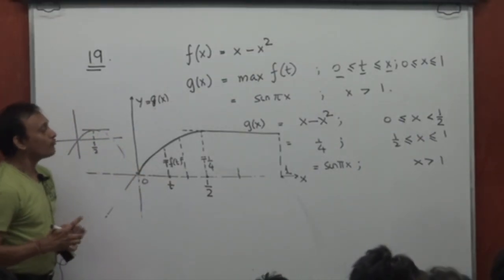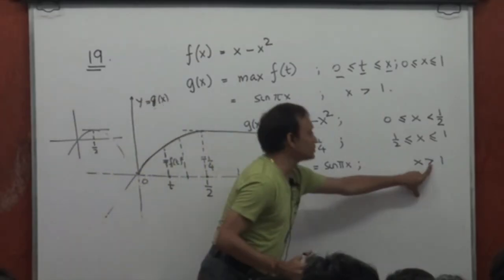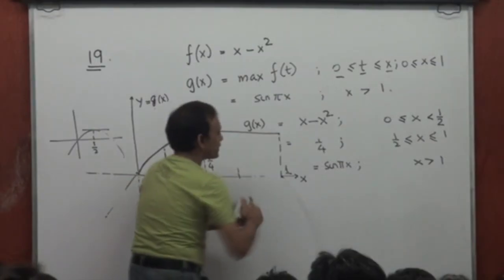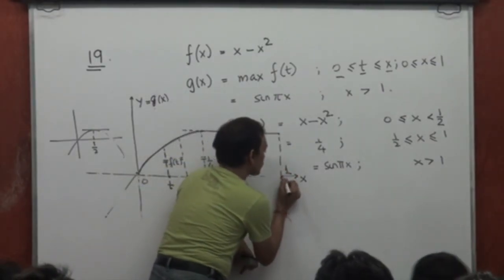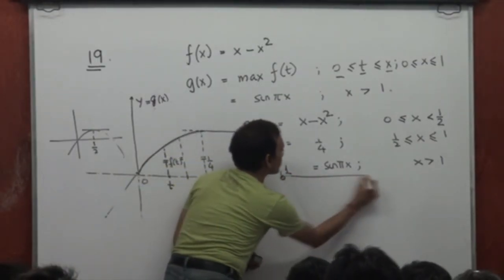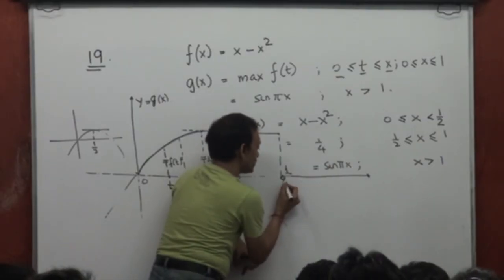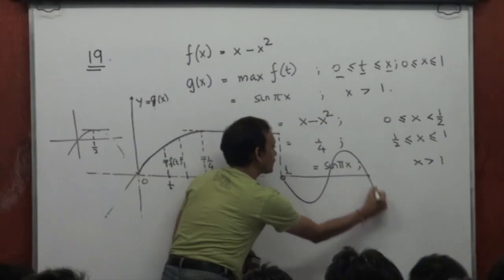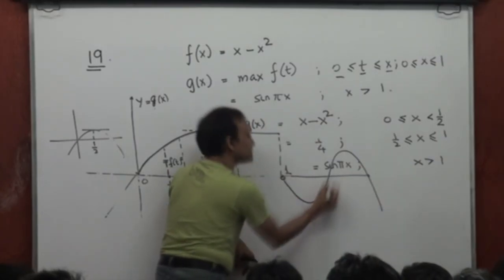And for x equal to 1, it becomes sine pi, which is 0. So that means the right hand limit will be 0. For x greater than 1, it's like this, sine pi x.